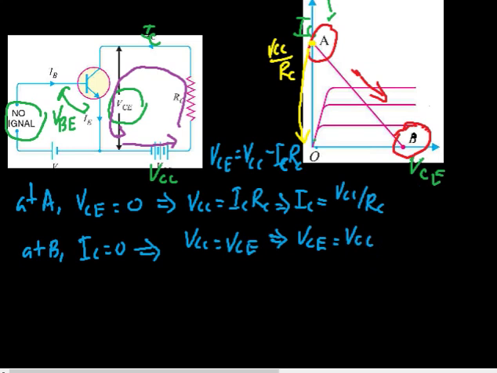So this point B is actually the value of VCE equal to VCC.